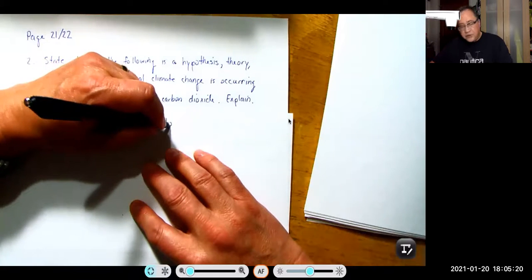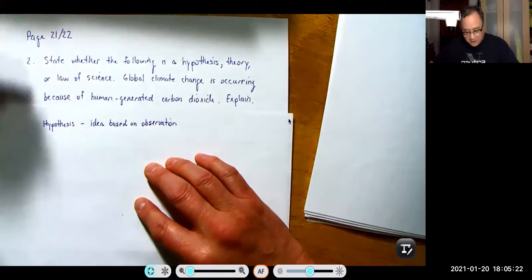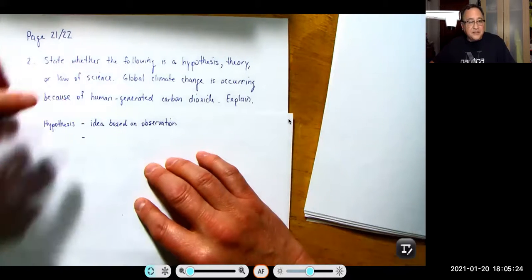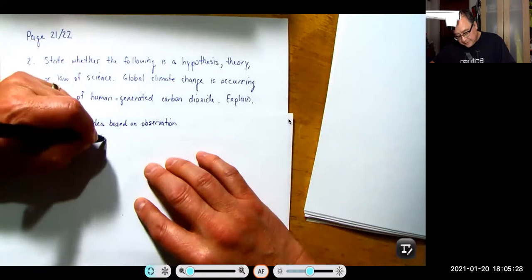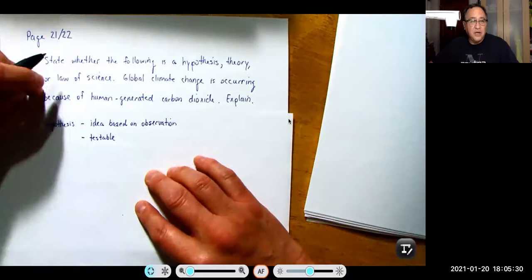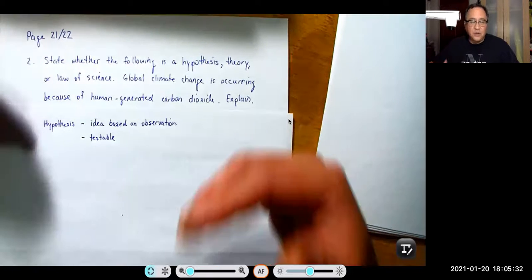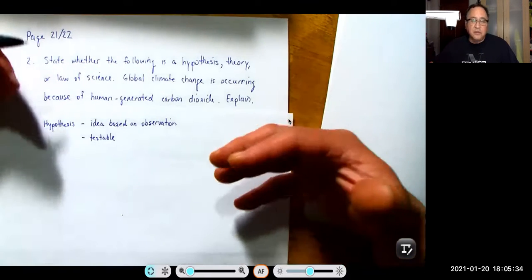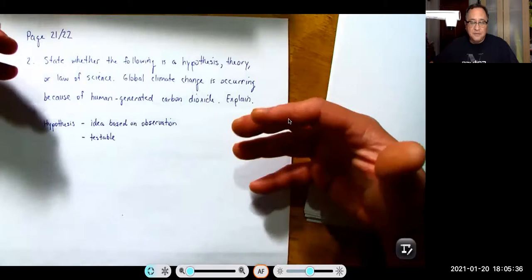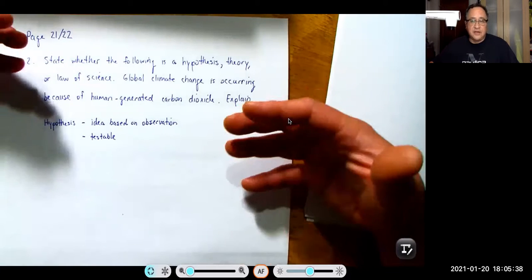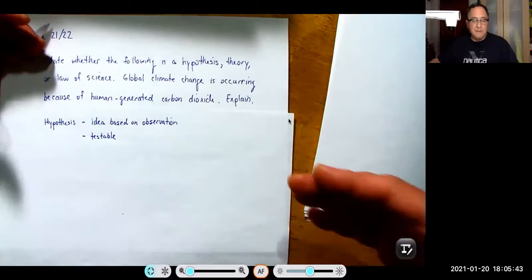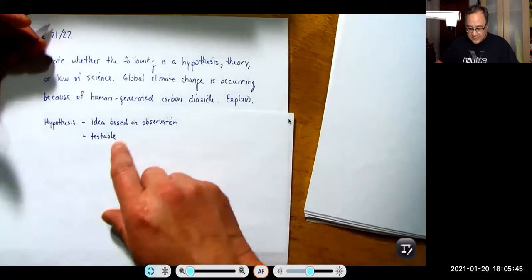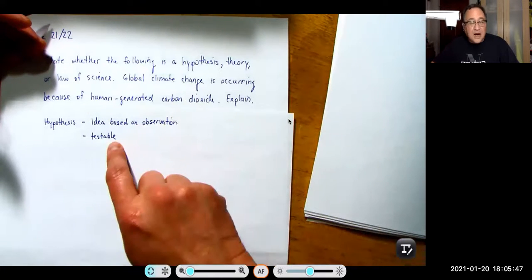And hypotheses are usually small things, because hypotheses must be testable. If you can't test them, it's not a hypothesis. You can't really test with one experiment whether or not global change is occurring due to man-made or human-generated carbon dioxide. There is no one way to test that. So I would say that this idea is not a hypothesis.